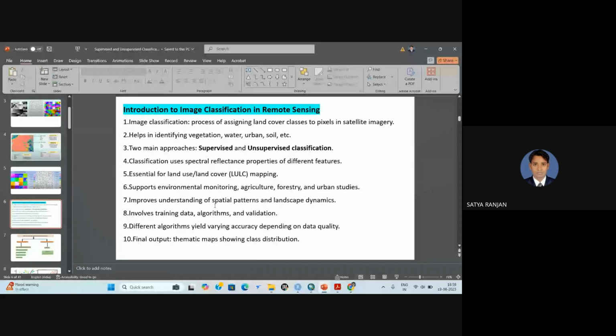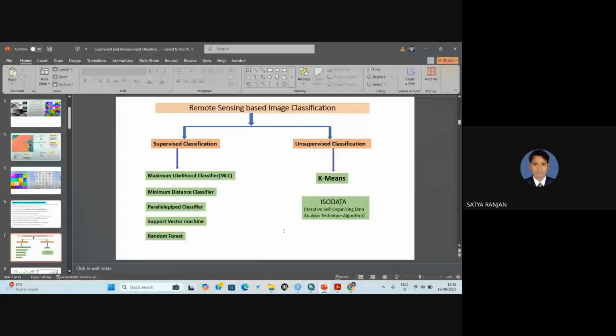Then there are the different bands involved in this. Reflectance values also give one of the important results for this classification. There are two types of classification, that is supervised and unsupervised. Supervised classification is mainly maximum likelihood classification, that is MLC, then minimum distance classifier, then parallelepiped classifier, then support vector machine, that is SVM, then random forest.